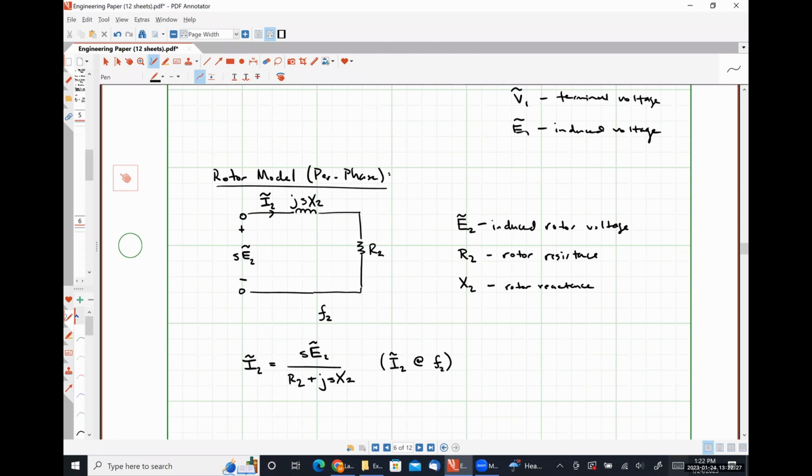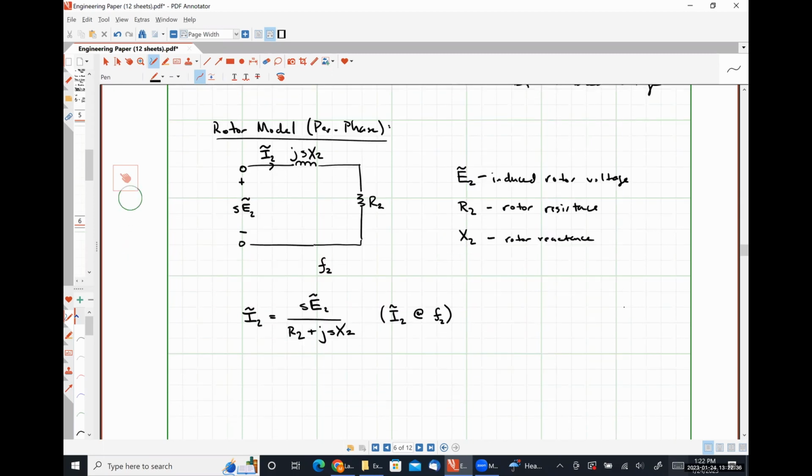Okay. Now, this equation is a little bit misleading. Okay, let me explain what I mean by that.